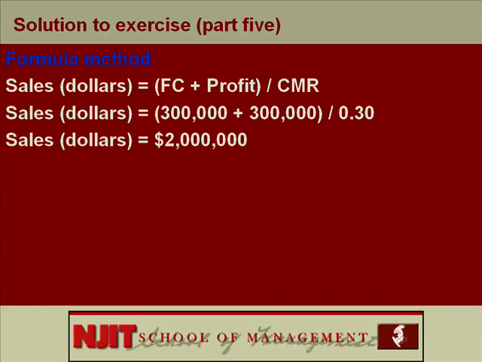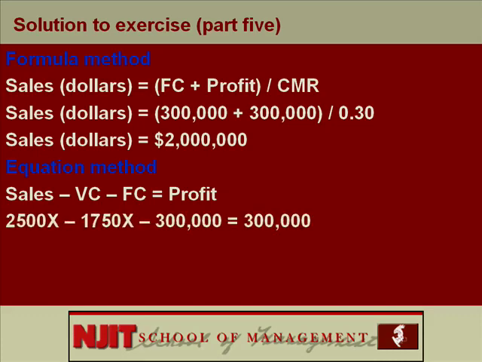If you use the equation method, you get the same answer, except it's just a little bit longer. Here's the equation method. Go back to basics. Sales less variable cost less fixed cost equals profit. So 2,500x minus 1,750x minus 300,000 equals the profit you want to make, 300,000.